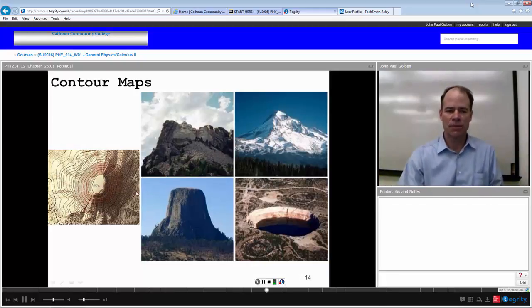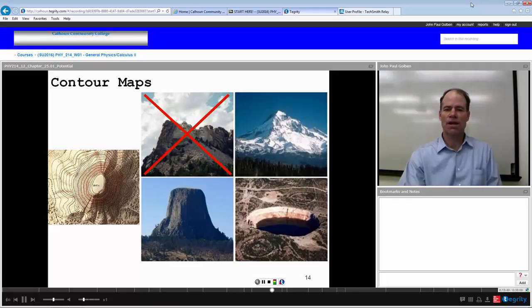This map in particular represents one of these four contours that we see in the pictures to the right. Which one? Well, we know it's not Mount Rushmore, because if we were looking at this map, we probably would see features that show the contours of the faces of Mount Rushmore, so that's out.